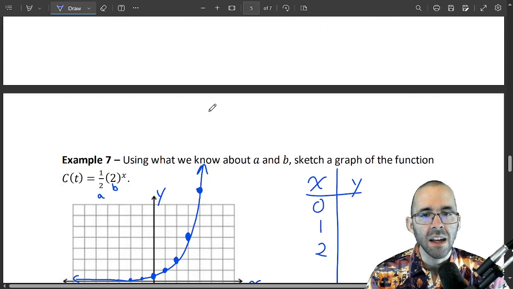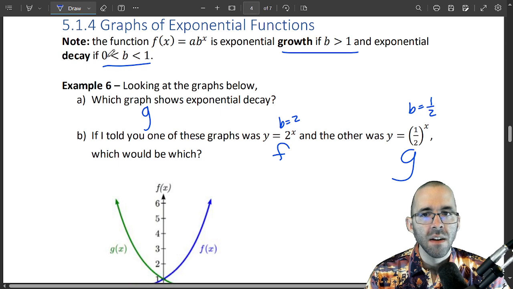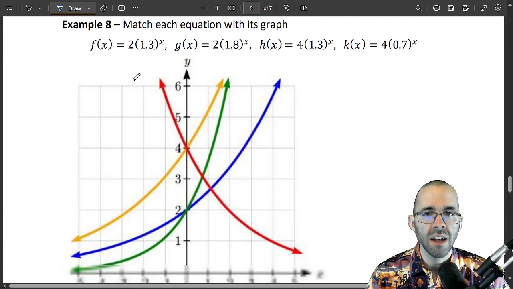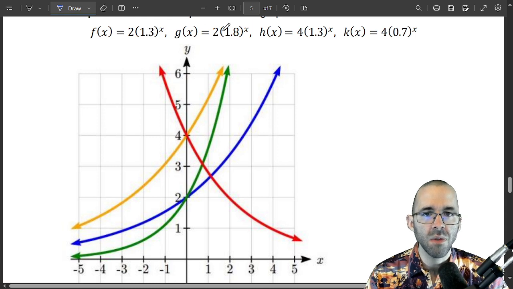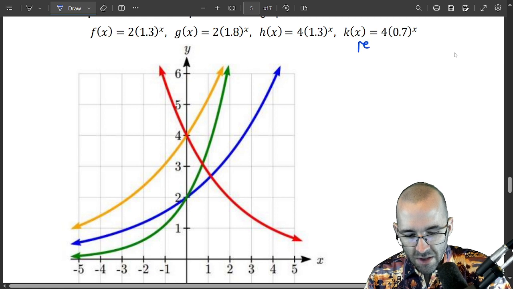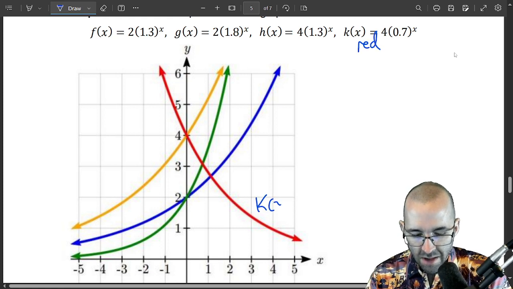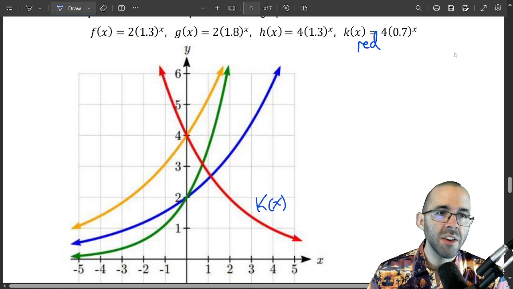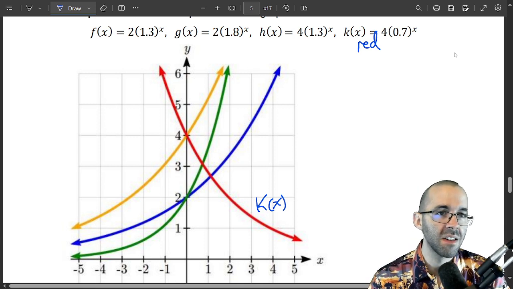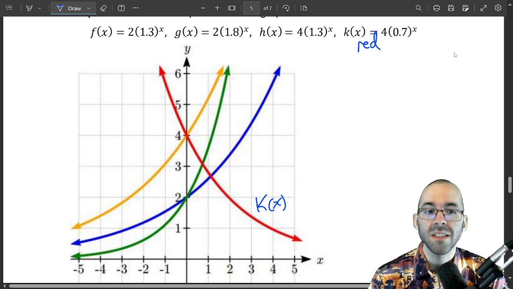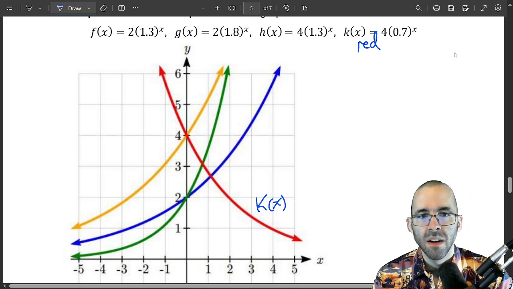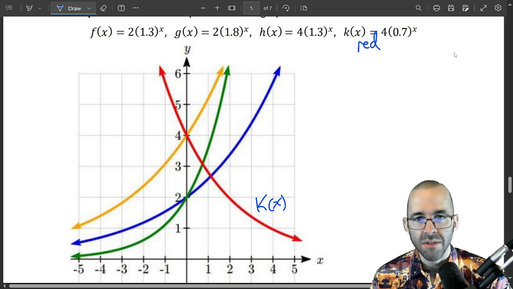It's a decay if our b value is smaller than 1. So looking at these b values, b value of 1.3, 1.8, 1.3. Ah, here it is. This is the red one. We're decreasing by 30% every time x grows. We're multiplying by 0.7 every time x grows. Same thing.